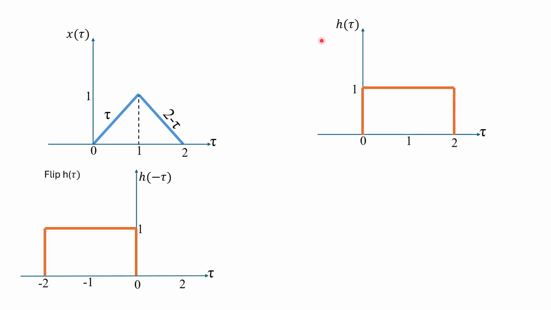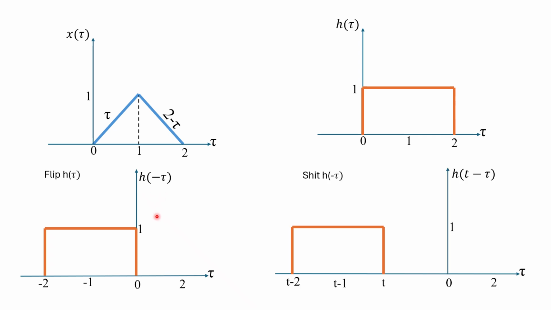Next, we find the time reversed version of the signal h of tau. Thus, we get h of minus tau. And then this time reversed signal is shifted in time by t units. Thus, we get h of t minus tau as 1 from t minus 2 to t on the tau axis.